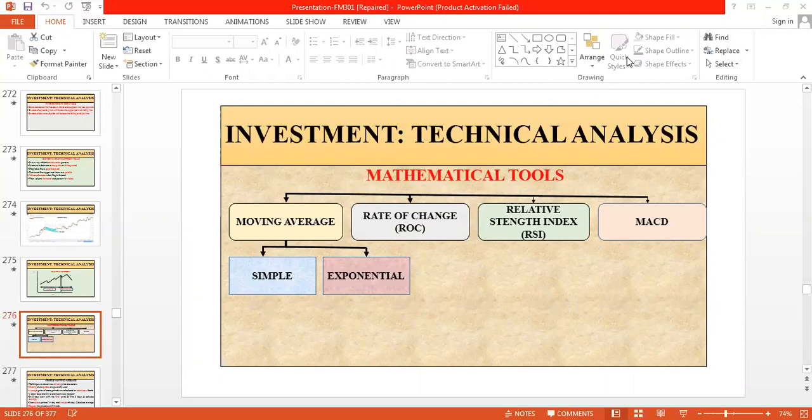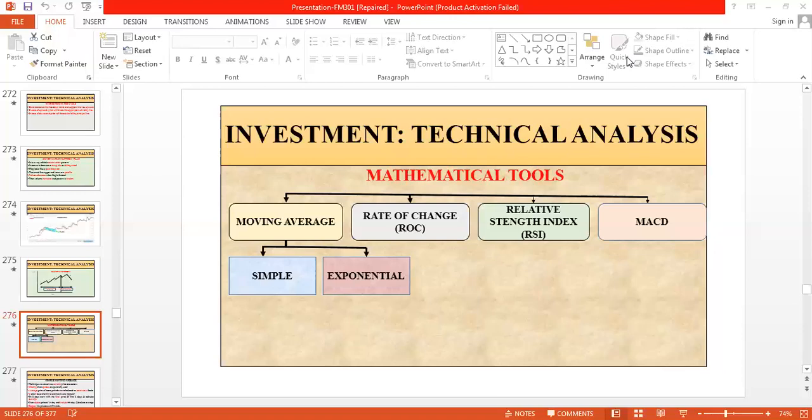So now we are coming to some mathematical tools which, if applied together with the concepts we have developed, will give us more confirmed change indication in the market.